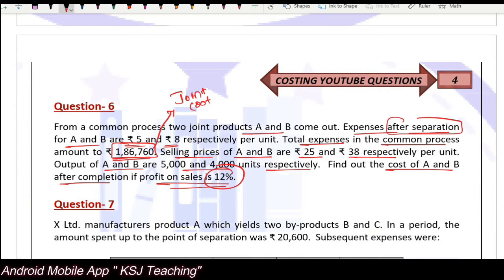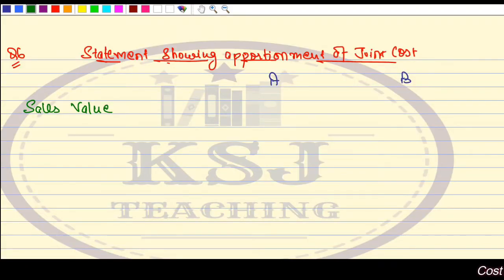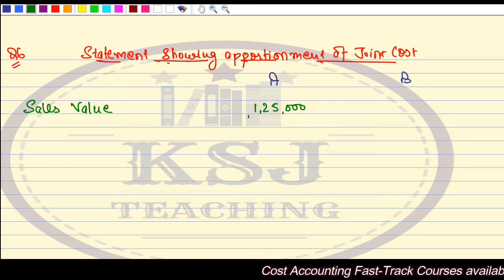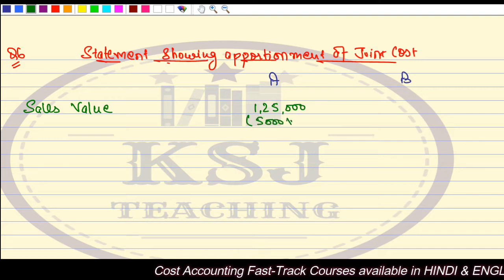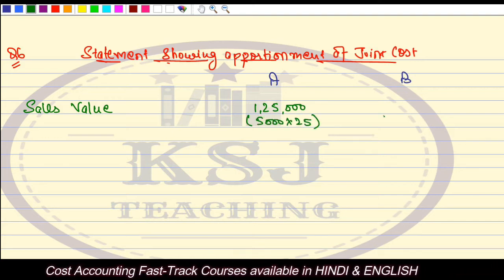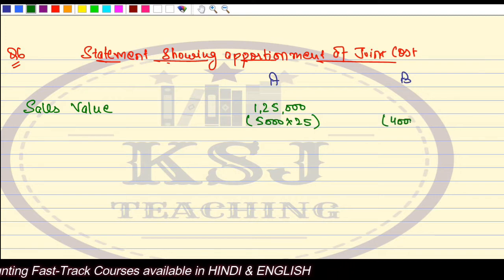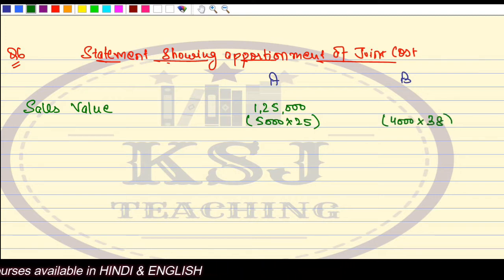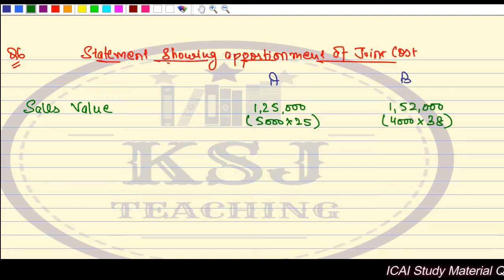So you can easily calculate the sales value, 5,000 multiplied by 25, that will be 1,25,000, right? This is 5,000 multiplied by 25. On the other hand, it will be 4,000 multiplied by 38. This will be 1,52,000, right?